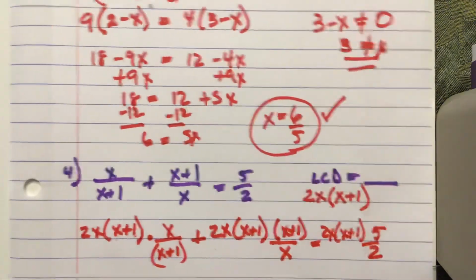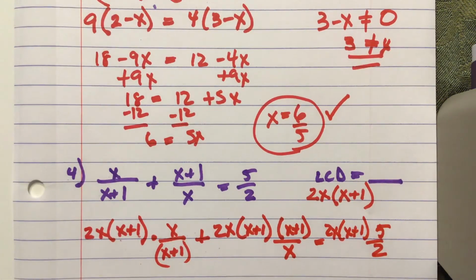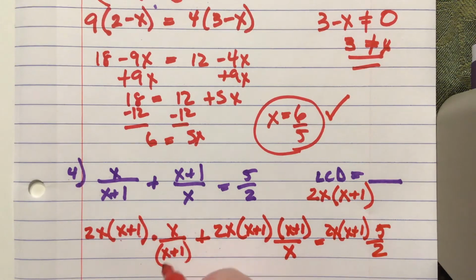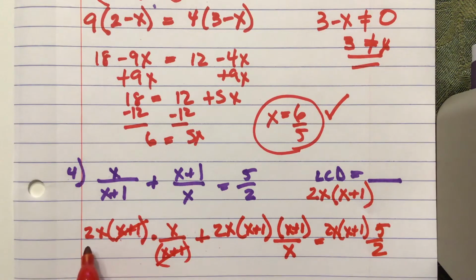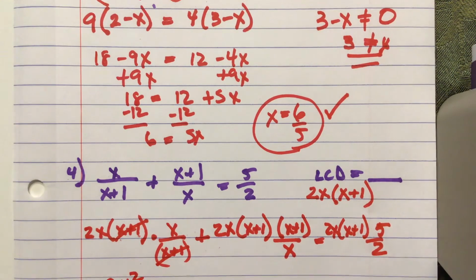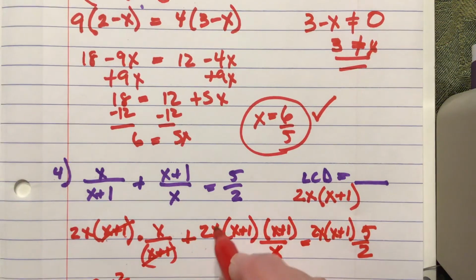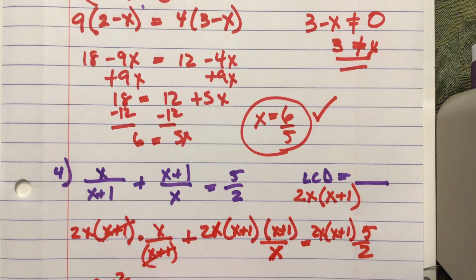Okay, so I have a big long equation here, and I'm going to have to cancel out what I can. So in this one, the denominator is x plus 1. Here's 1 here, x plus 1. What I'm left with is 2 times x, so that's 2x squared. Here, my x's cancel out, and I'm left with 2 on the outside.